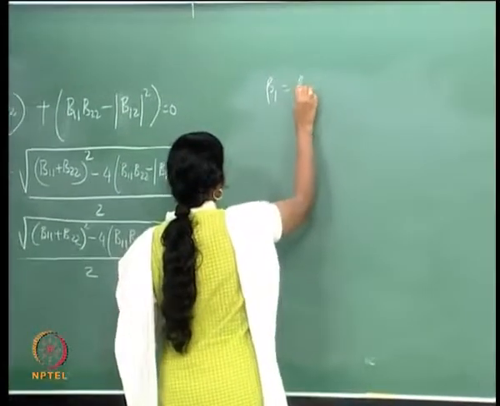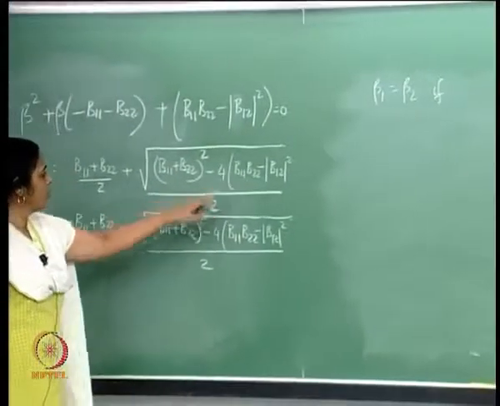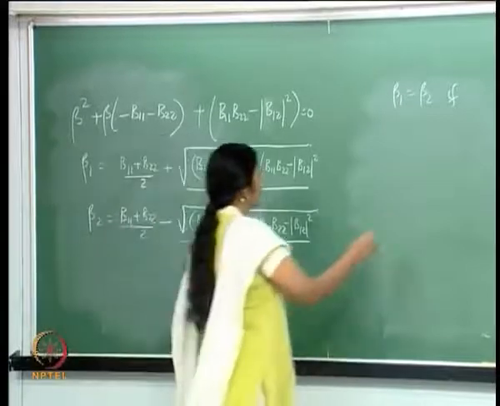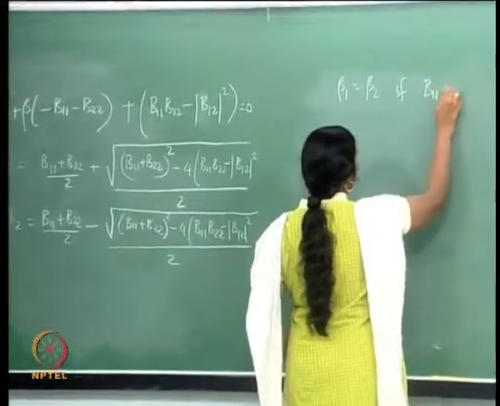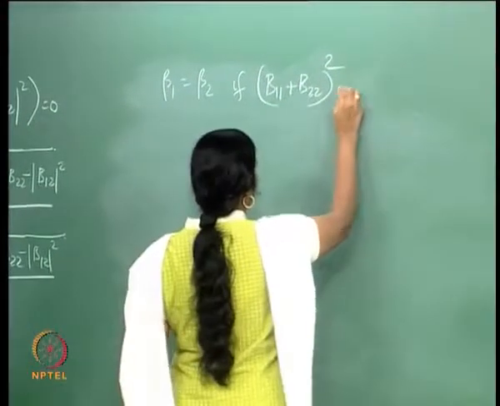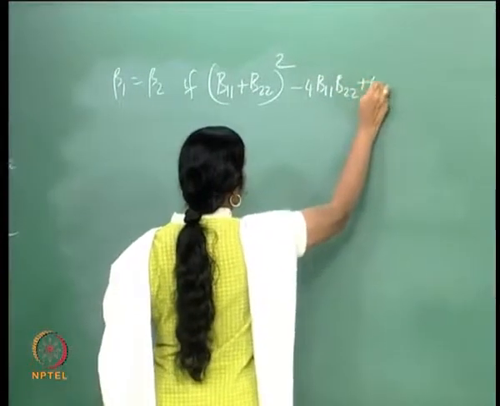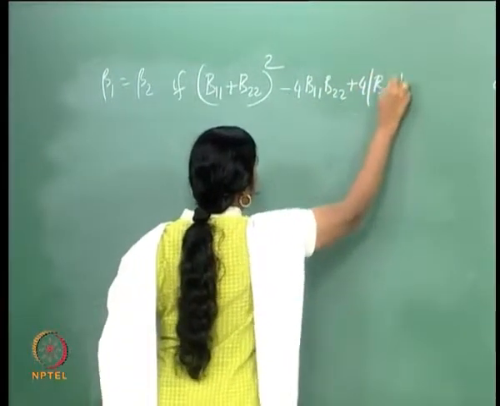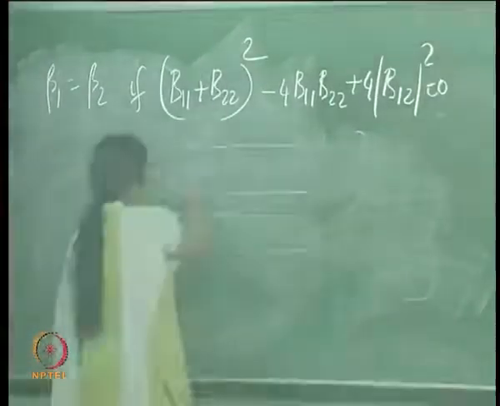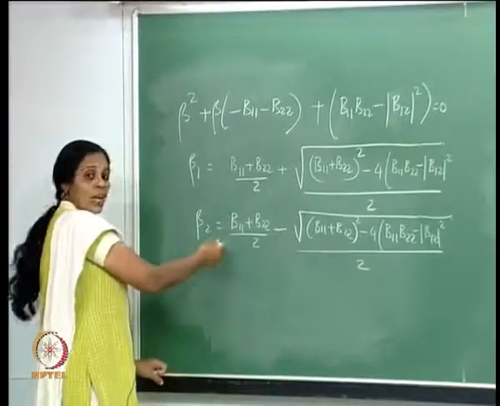Beta 1 equals beta 2 if this quantity within the square root is 0. So, if B11 plus B22 the whole squared minus 4 B11 B22 plus 4 mod B12 whole squared is 0. So, certainly if this vanishes, then beta 1 is B11 plus B22 by 2, and so is beta 2.